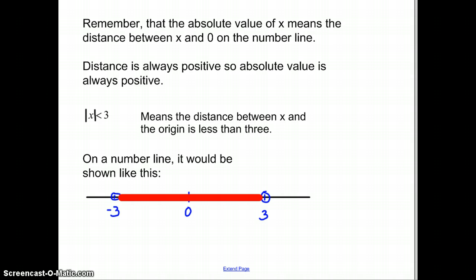But we can't go past negative 3, because if we do, then the absolute value of x would be greater than 3, because the positive distance would be greater than 3 if we took the arrow all the way to negative 4. So the graph has to remain between negative 3 and positive 3, the two ends of the absolute value equation.